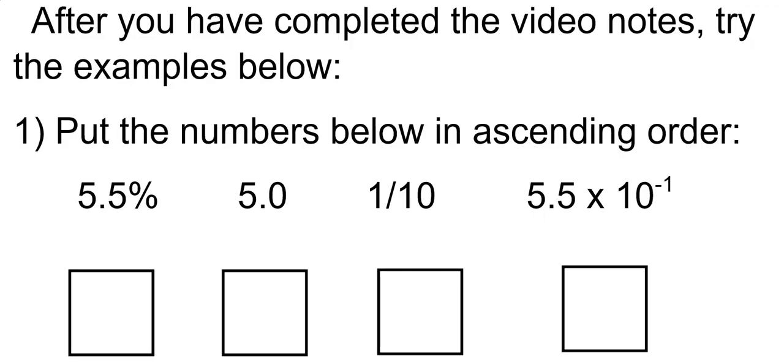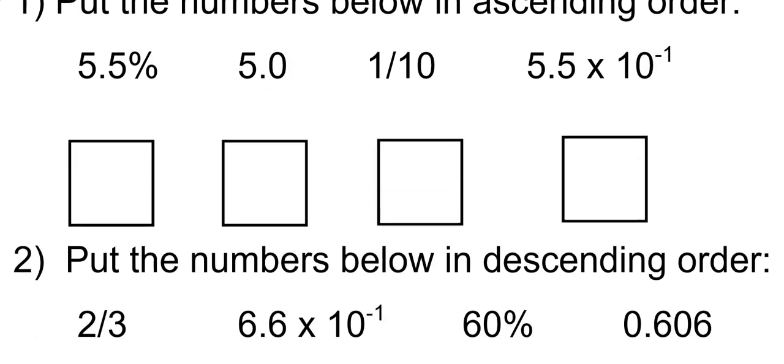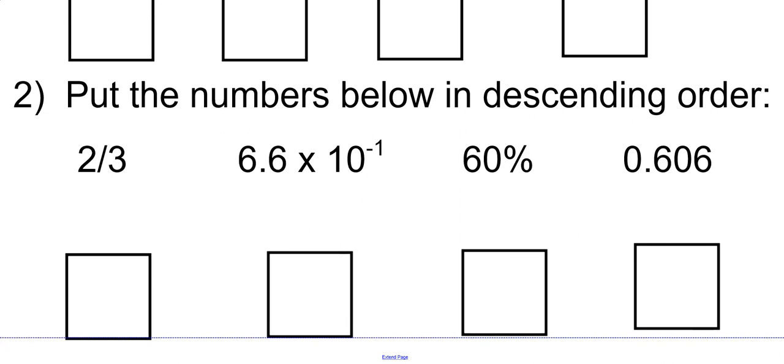Last thing I have for you is a little check just to see how you're doing with this. I've got 2 problems for you to try on your own that you're going to bring to class tomorrow. I want you to try these. The first question is you're going to put the numbers below in ascending order. Put the original numbers in the boxes, but you're going to do some conversions to place them. And then look, this is where we have the other word.